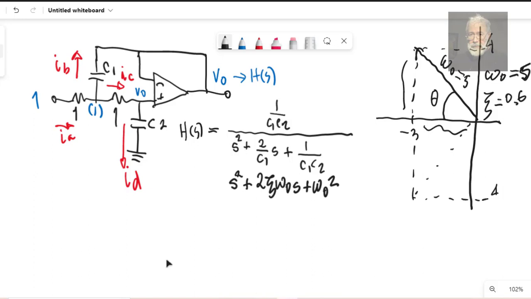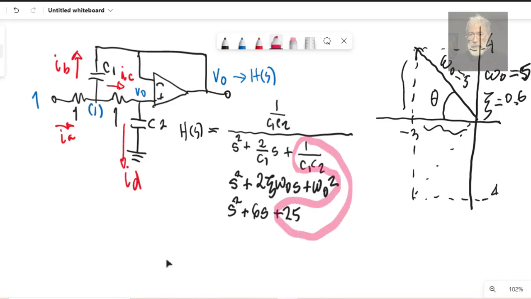But we know omega naught and we know the damping factor, so that polynomial should be s squared plus 6s plus 25. You see where we're going with this? We know now that this term has to be 25. That is one equation. And we know that 2 over C1 has to be equal to 6.